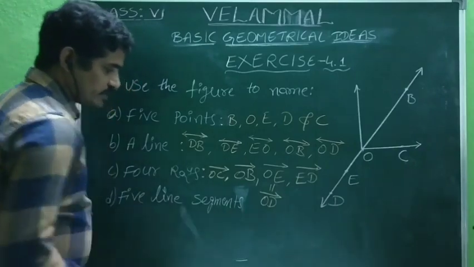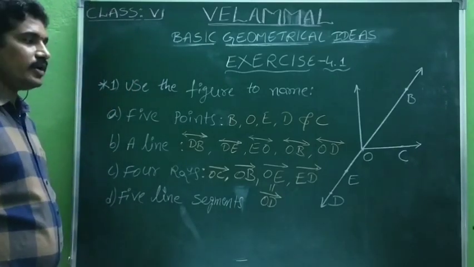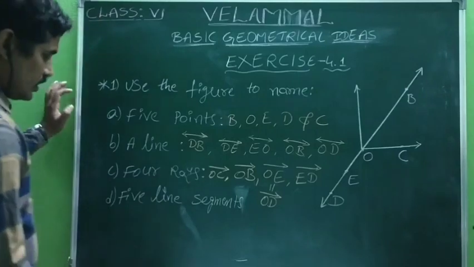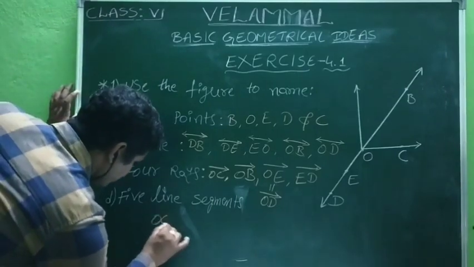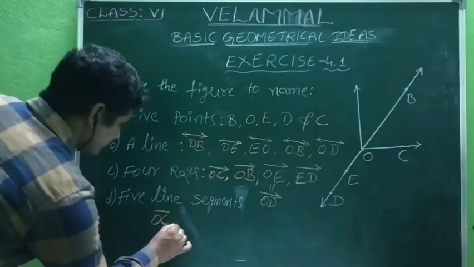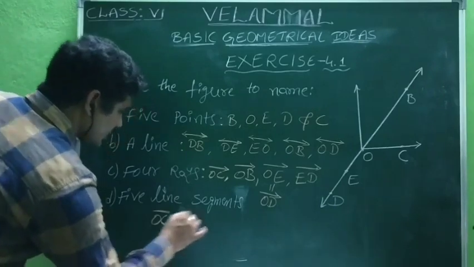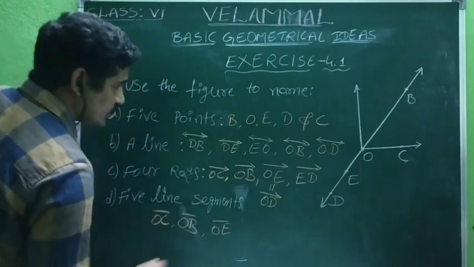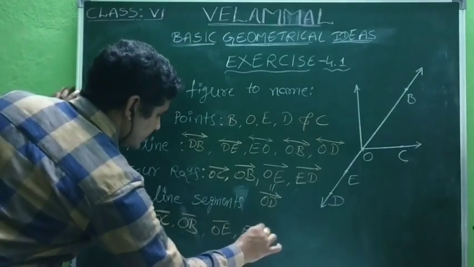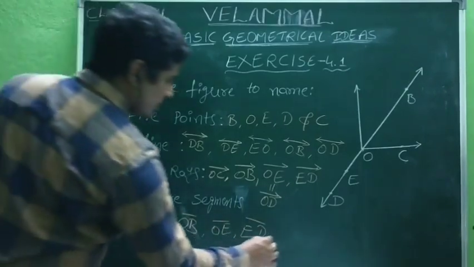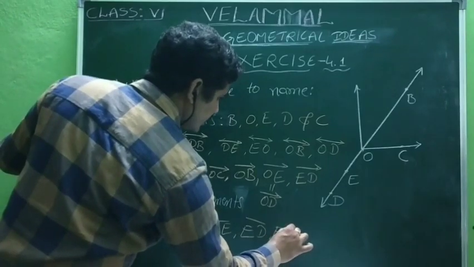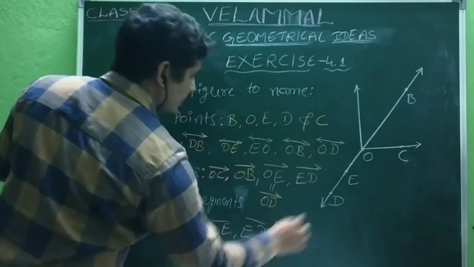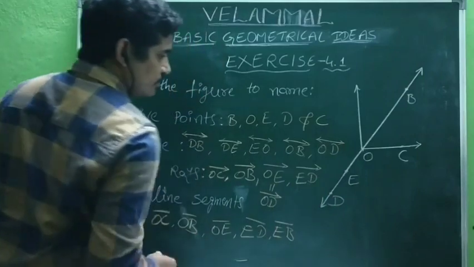Next 5 line segments we need to find out. What are the line segments? See, here we can say OC is 1 line segment, and OB is another line segment, OE is another line segment, ED is another line segment, or else EB also we can take as 1 line segment from here to here.